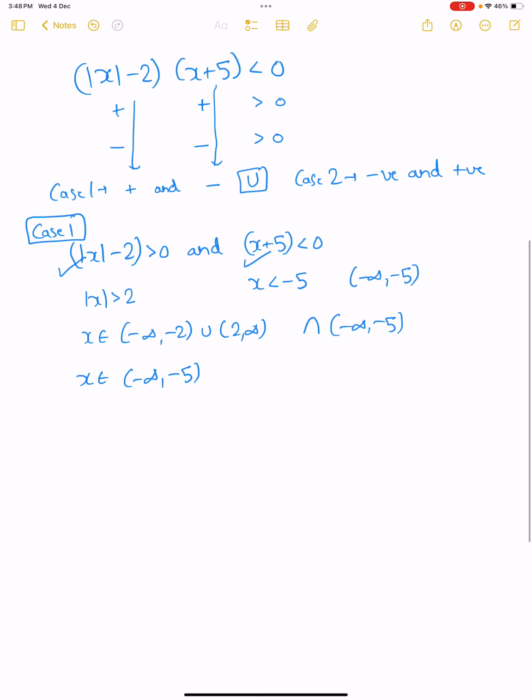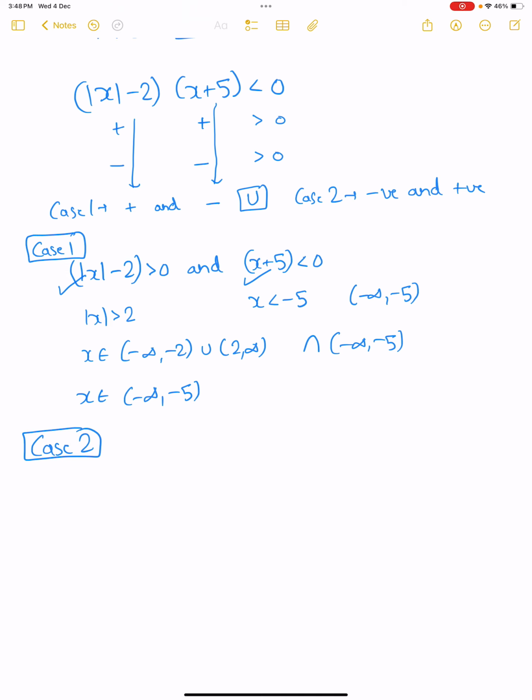Now case 2, when mod x minus 2 should be less than 0 and x plus 5 should be greater than 0. And so this means x should be greater than minus 5.